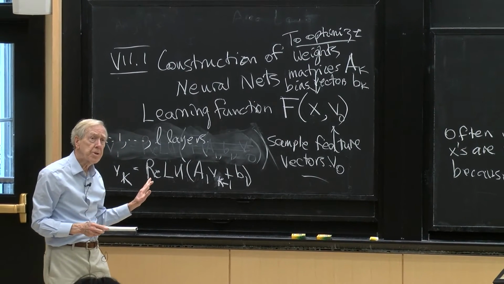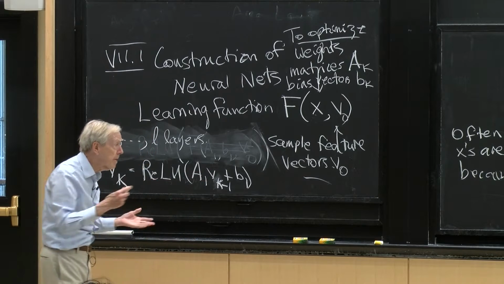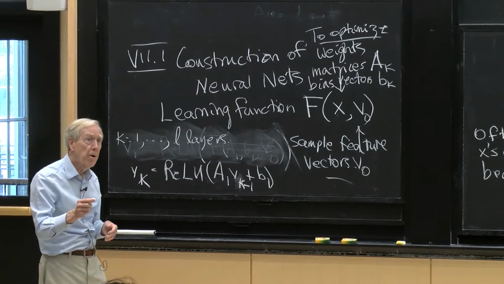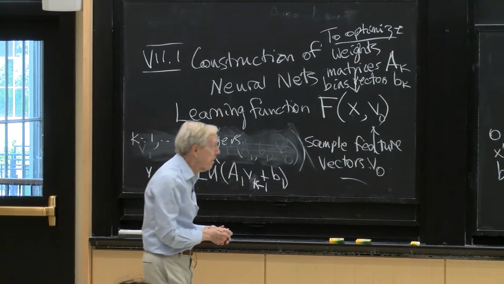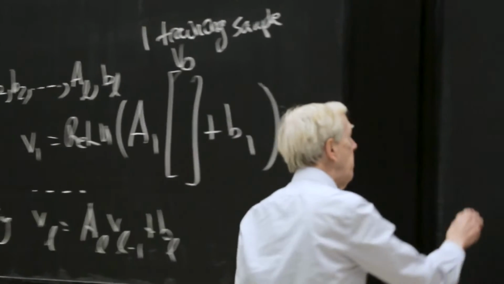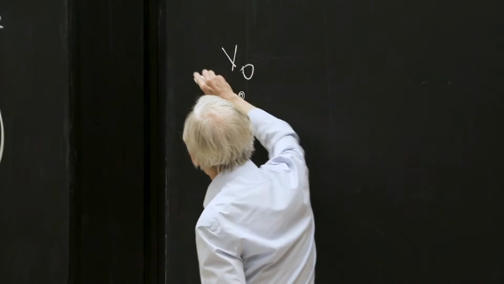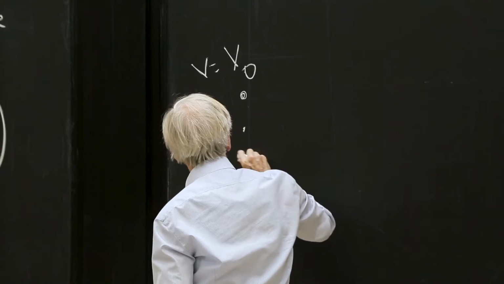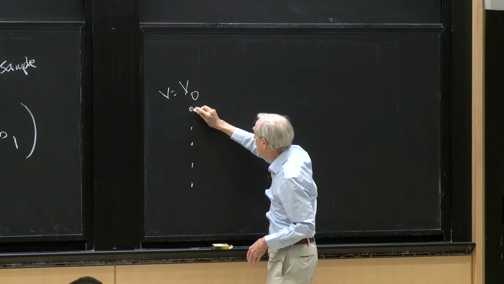Is there more I should say about this? You see here I can draw the picture, but of course a hand-drawn picture is far inferior to a machine-drawn picture, an online picture. But let me just do it. So there's v. The training sample has some components, and then they're multiplied.